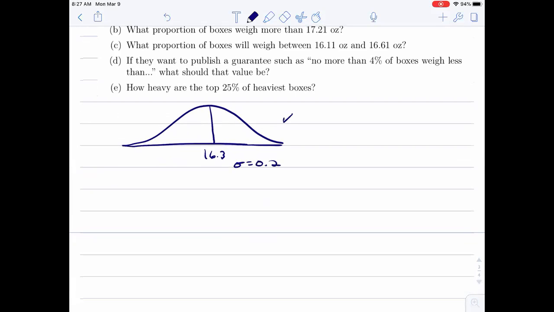So this is the distribution for individual observations. And we use this curve to find probabilities. The area under the curve is the probability that you're looking for.